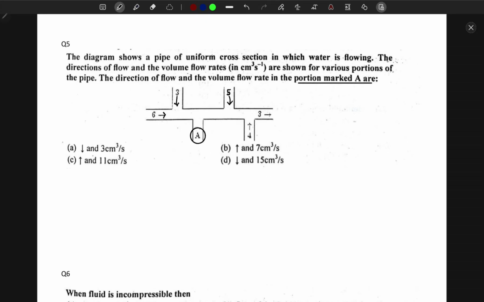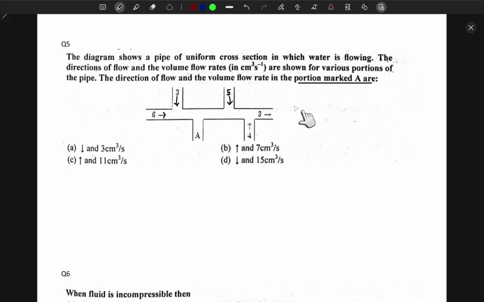It's over here. So we need to tell what amount of water is flowing either in or out. We need to tell the direction and specify the magnitude of the volume flow rate as well. So think about this problem now.